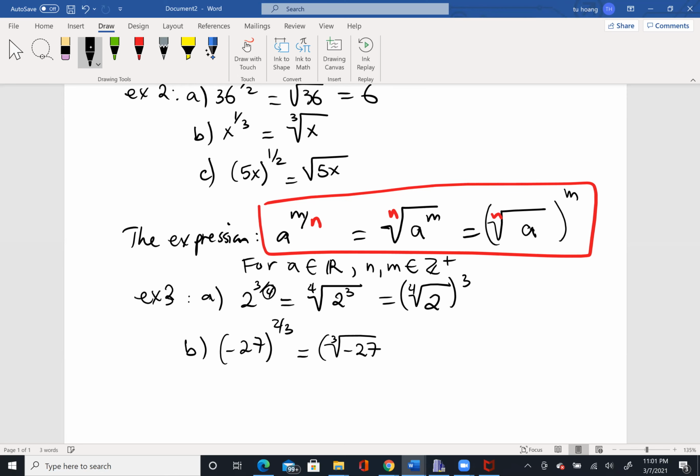The negative 27, everything to the power 2. And I can rewrite this as the cube root of negative 3 to the power 3, and everything here to the power 2. You can see that the cube root can cancel with the power 3 inside, and you just have negative 3 and the power 2 stays. The result is going to be equal to 9.